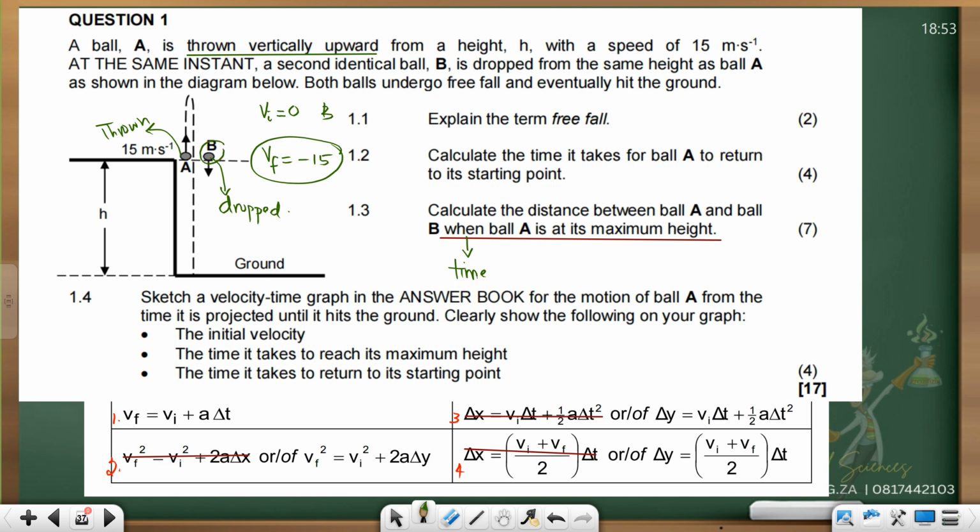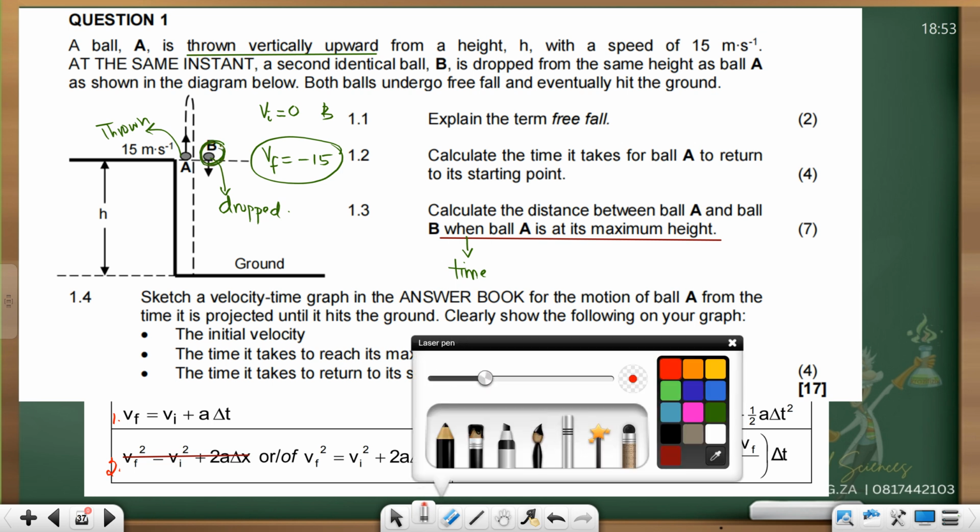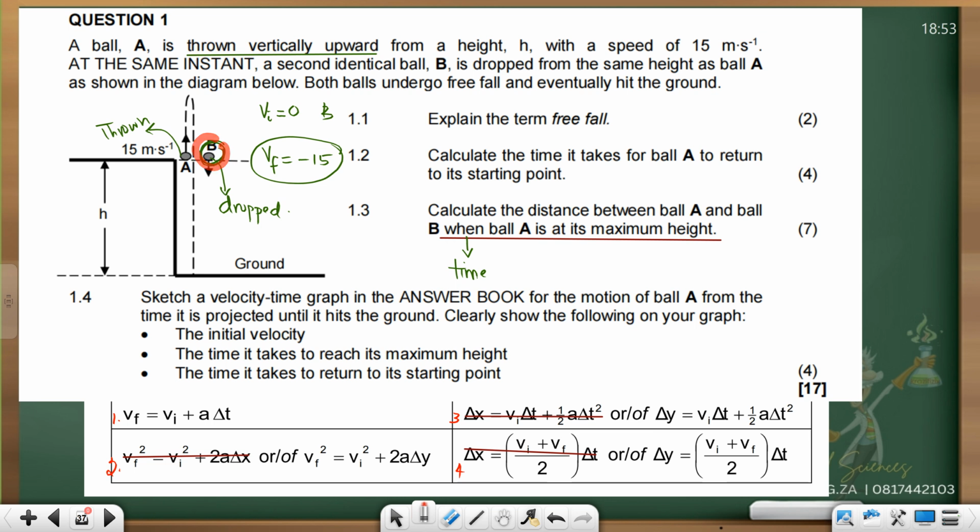Wait. Hold on. I think I get where you're mixing things. You see this B at this moment, right? What's happening to B there? Dropped. Yeah. No. We are dropping it from that point. So B is going down. That's why the initial velocity of B is what? 0. But the final velocity of B is unknown. We don't know it.